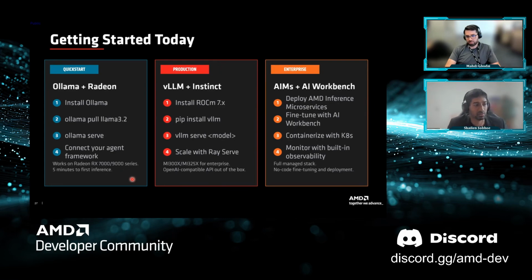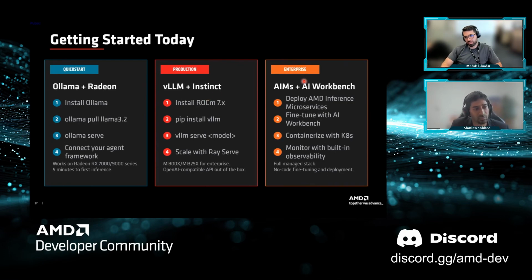As you grow and go into production, you would need something more powerful. And there you may want to look at vLLM, which we talked about, or scaling on multiple GPUs with RayServe. There you will probably also need those powerful MI300X or MI350X GPUs. So this is really going big.